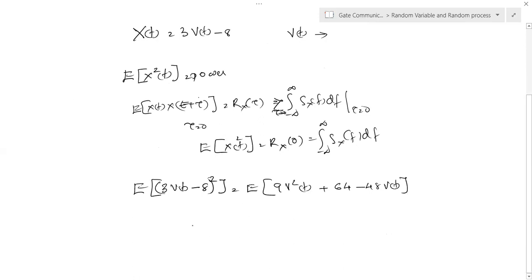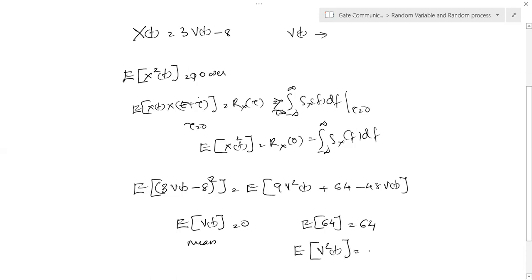Okay. So we can apply that result. That is expectation of v of t is equal to 0, because it is given that mean is equal to 0, zero mean. And if you apply expectation to 64, it's simply 64 because it's a constant value. And if you apply the expectation for this v square of t, that we can calculate simply as the autocorrelation function at tau is equal to 0, because already we validated expectation of x square of t can equate to Rx of 0.